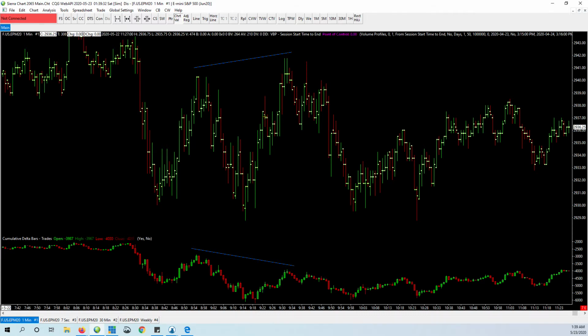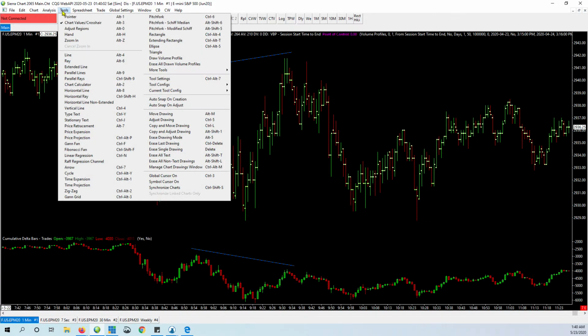Look how this thing's rotating up, and your delta's kind of just doing its thing down here. And then all of a sudden out of nowhere, kind of like that video I just showed you, all this volume just floods in, and that's exactly what happened. Look how large this bar is on a 1 minute. So potentially a ton of volume just came in and shoved the market up.